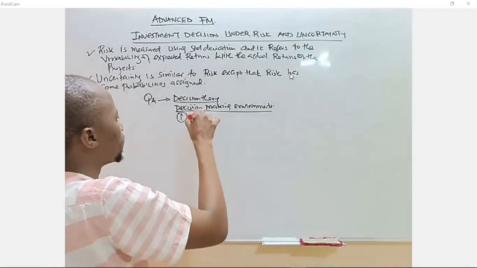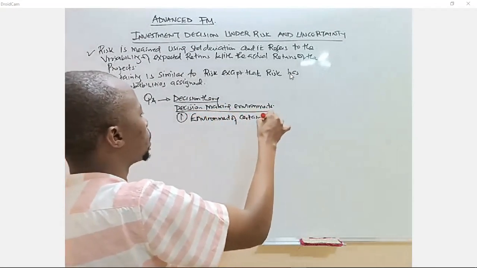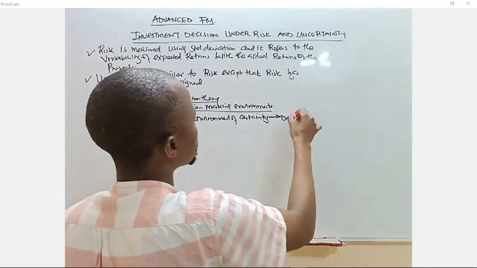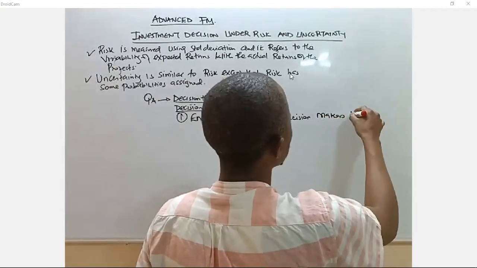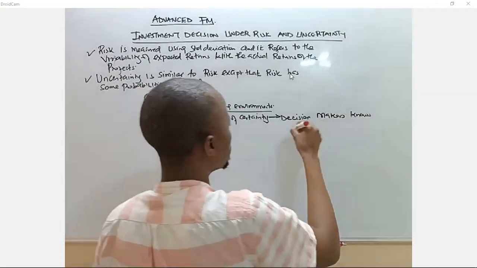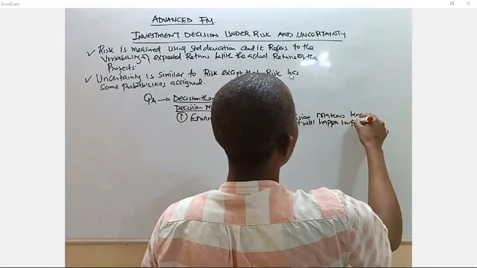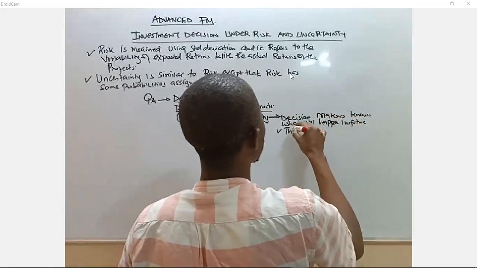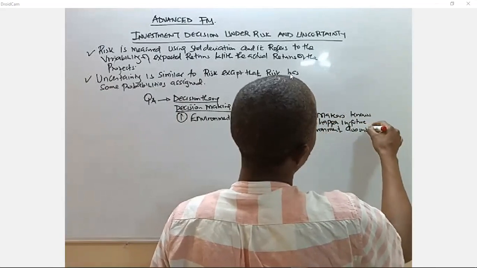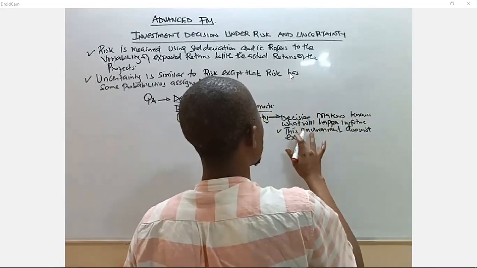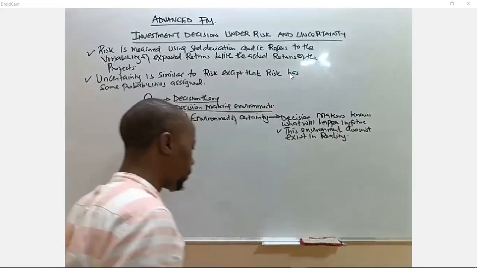We used to have the environment of certainty, where the decision maker knows what will happen in future. And we used to say this environment does not exist in reality. Hakuna siku tunajua what is happening next week.